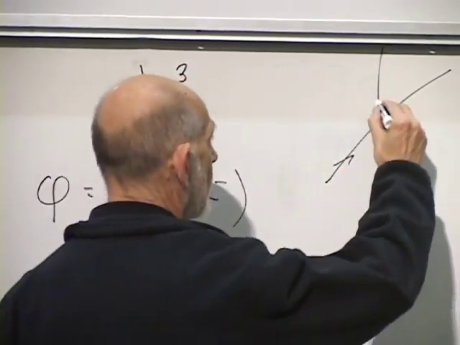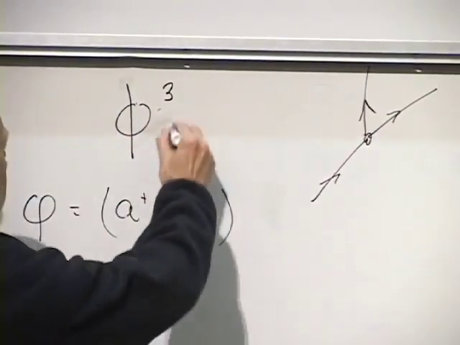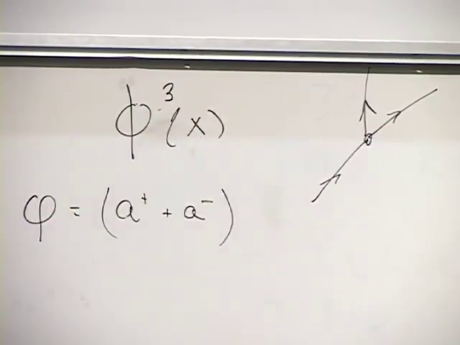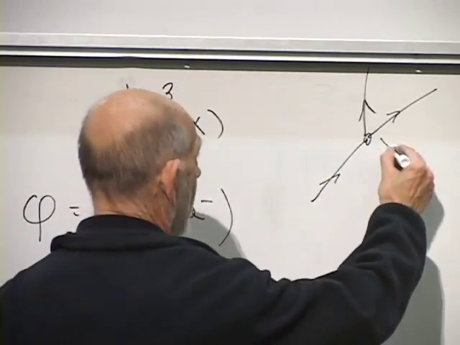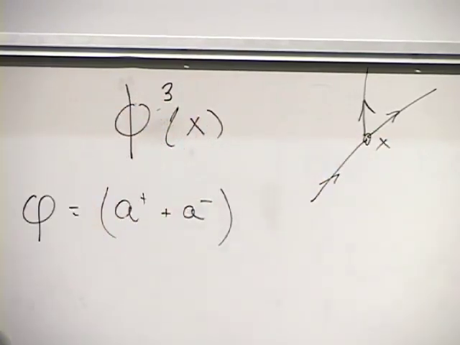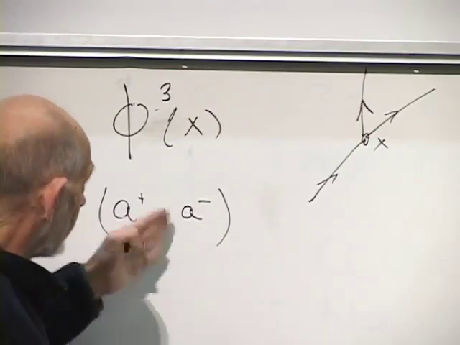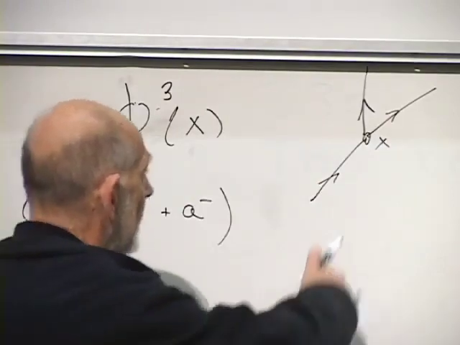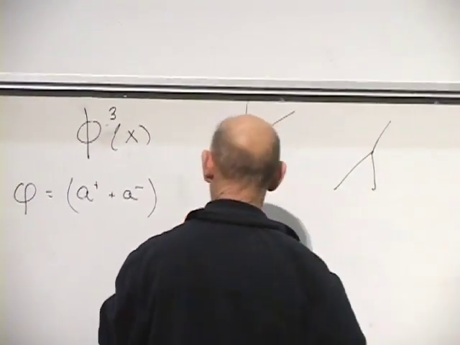Particle comes in, 2 particles go out, at a point x. That's what phi cubed of x represents from a quantum mechanical point of view. Okay? Phi cubed of x represents 1 particle coming in and splitting into 2 at the point x. But there are many terms in adding up phi cubed of x. The various terms correspond to possible things which look like this, namely 2 particles coming in, 1 particle going out.